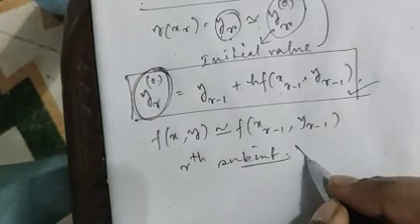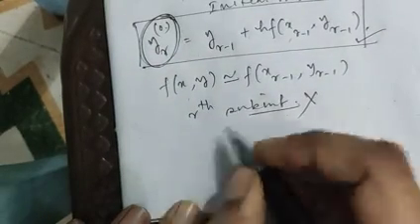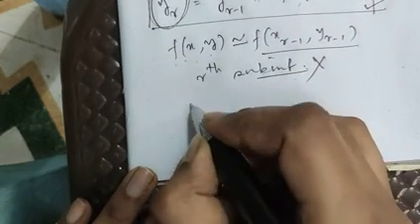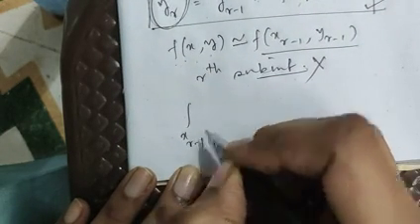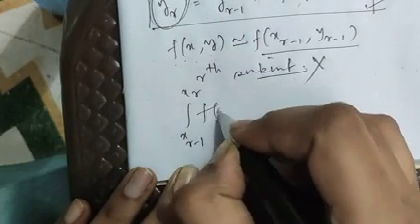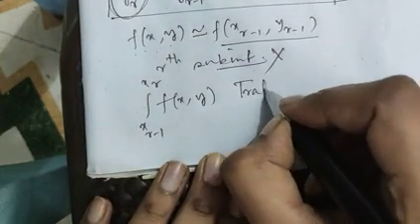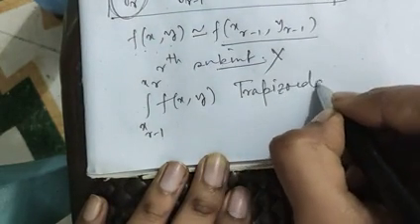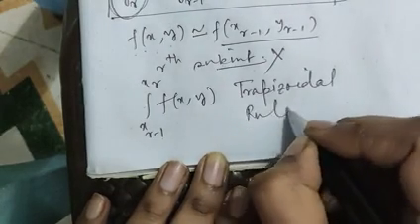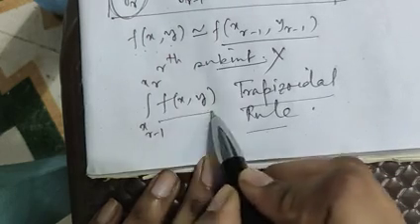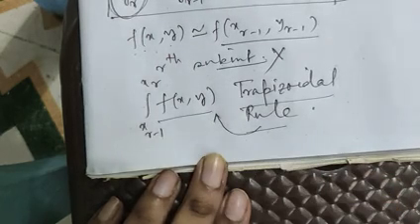But here we won't do that. Here, instead of assuming that f(x, y) is approximated by that value, in that integration from x_(r-1) to x_r of f(x, y), we will use the trapezoidal rule. We already know about the trapezoidal rule, how to apply it over the integration. We will do that over it.